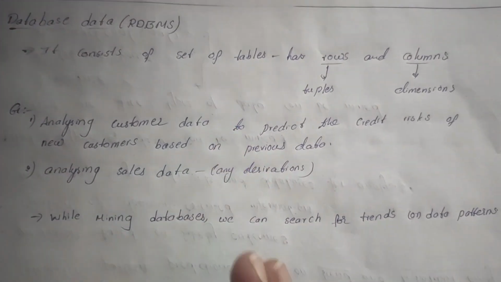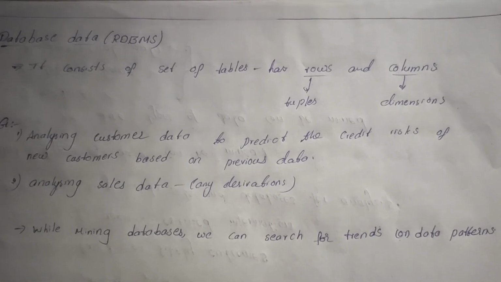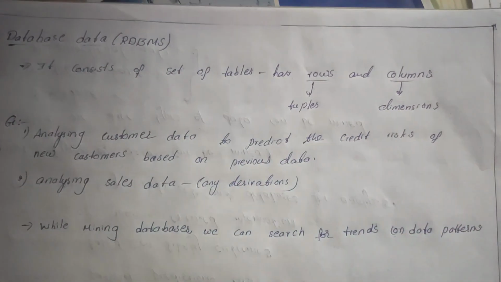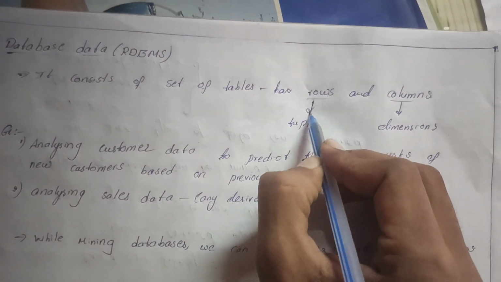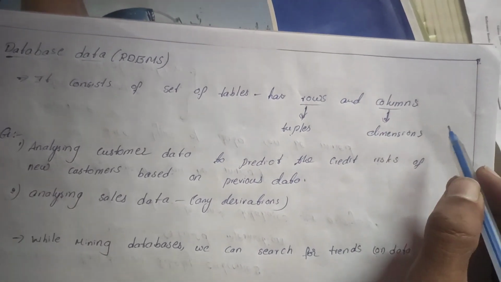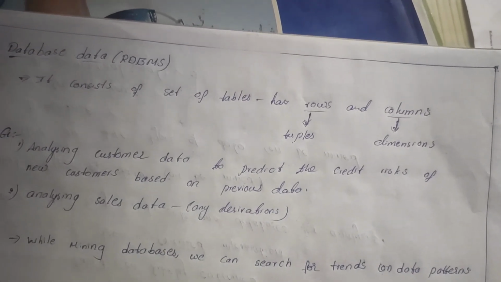First, database data. We already know a database is relational data. It consists of a set of tables, and it has rows and columns. These rows we can also call tuples, and these columns we can also call dimensions. That is all about database data, that is, the relational database.